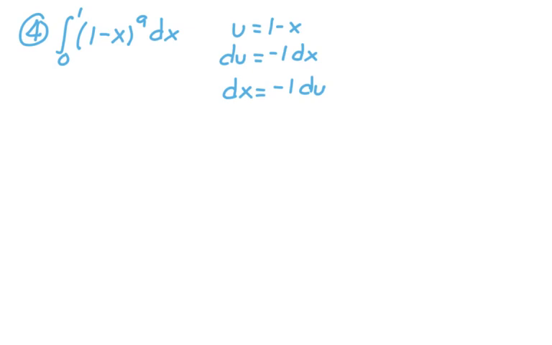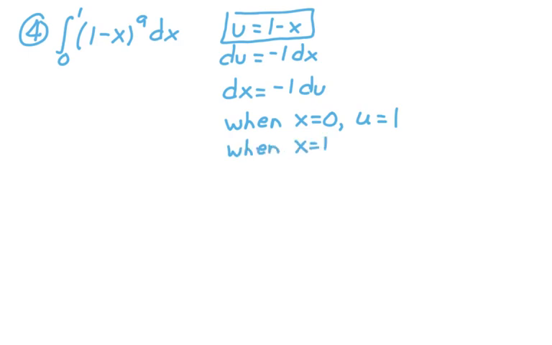Okay, now we have to transform those x limits to u limits. Okay, now when x is 0, u is 1, right? I'm plugging in up here. When x is 1, u is 0.